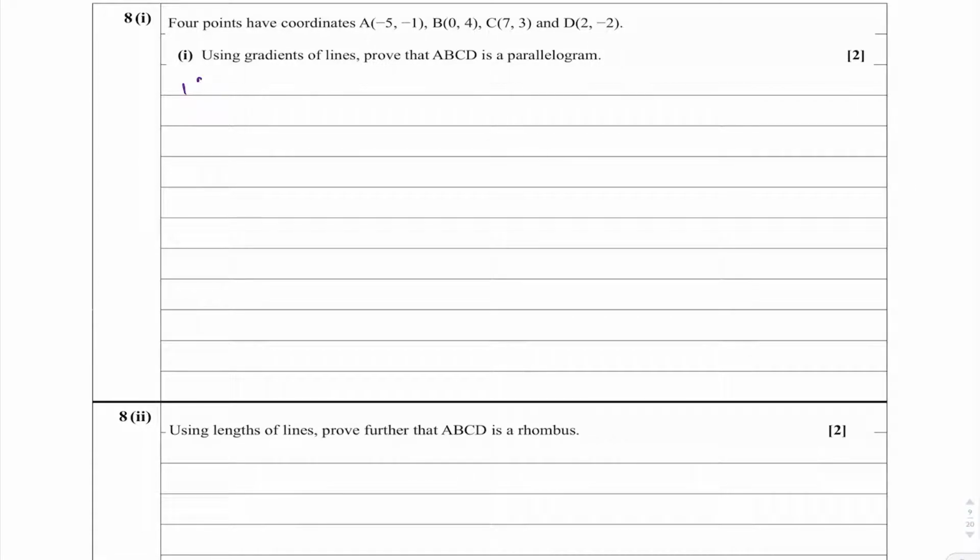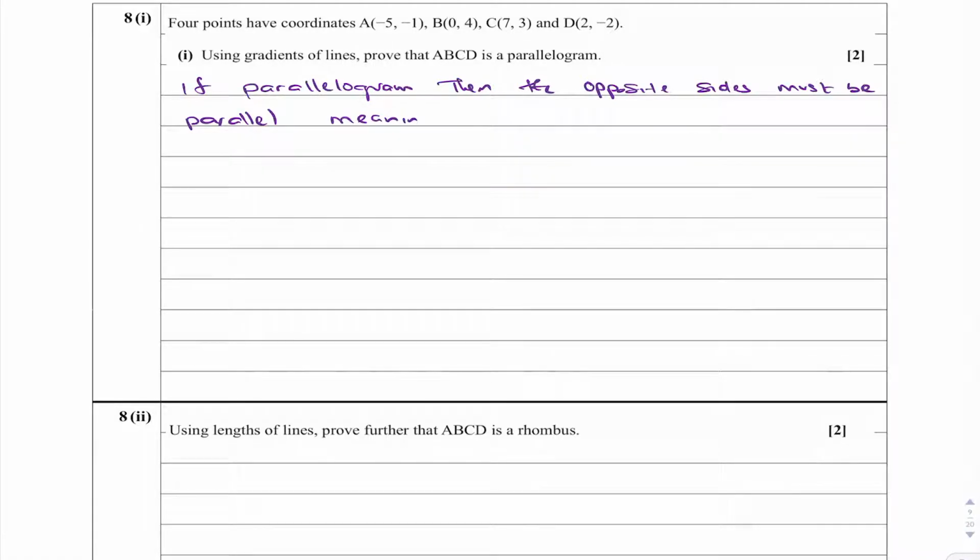If it is a parallelogram, then the opposite sides must be parallel, meaning same gradient.